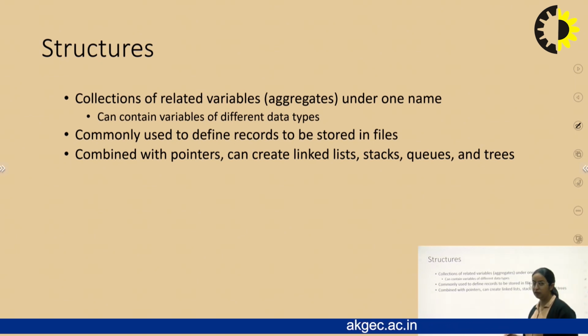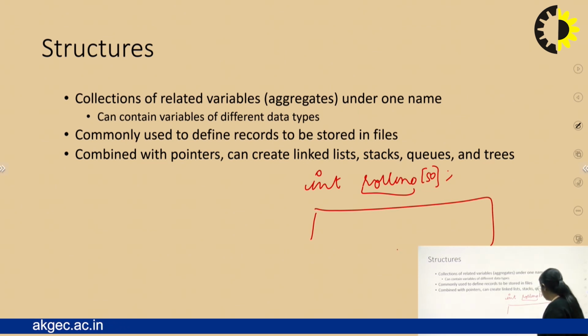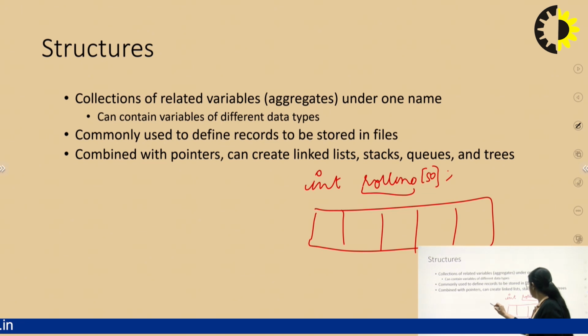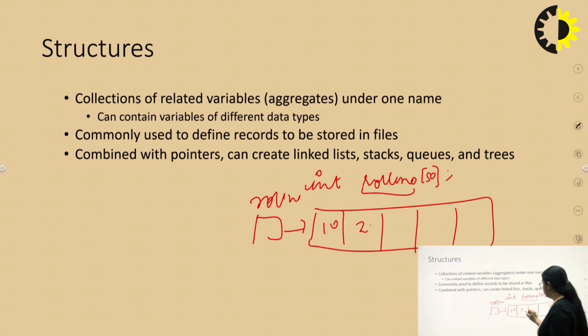I'm taking an example of arrays. Suppose you want to store int roll number, then we create an array named roll number. In this array, we store the roll numbers of the class, like suppose 10, 20, 30, 40, 50.